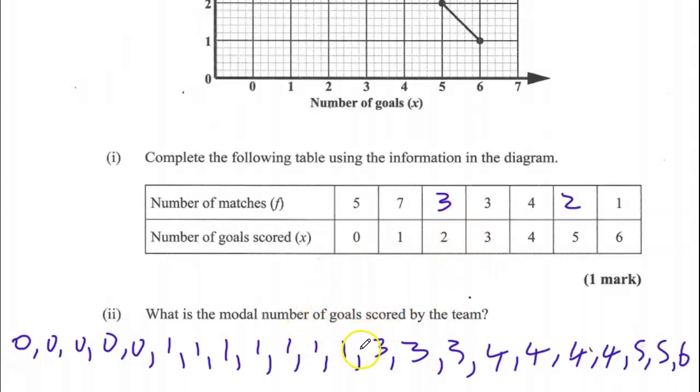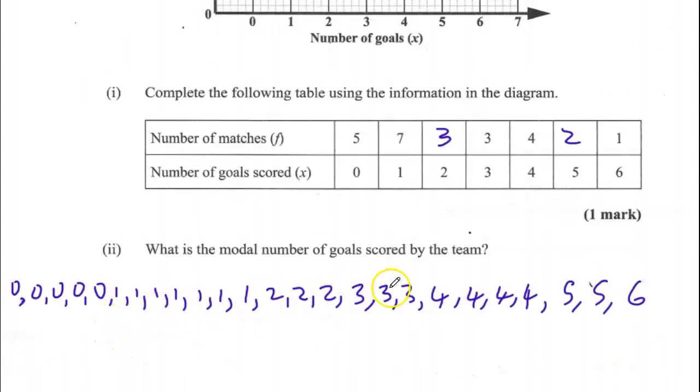Let me just insert the 3 twos there. So again, the median value would be the 13th value, because since it's 25 numbers, 1, 2, 3, 4, 5, 6, 7, 8, 9, 10, 11, 12, 13. So this number would be your middle number.